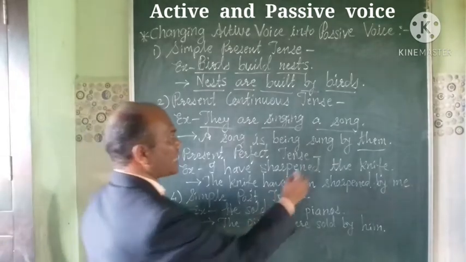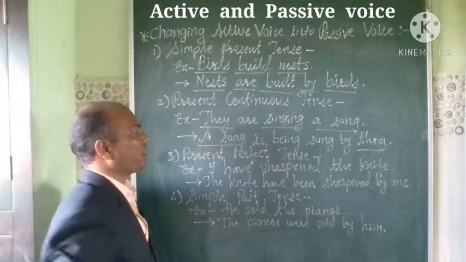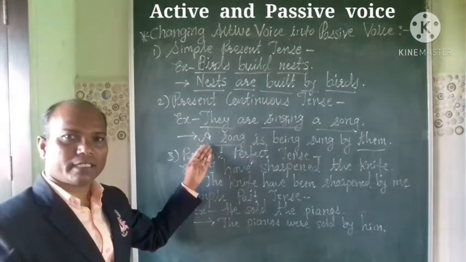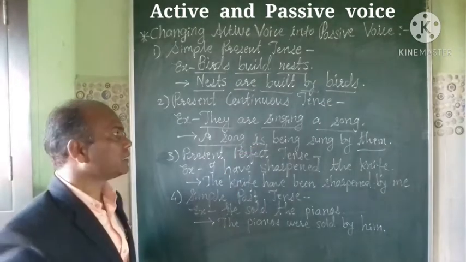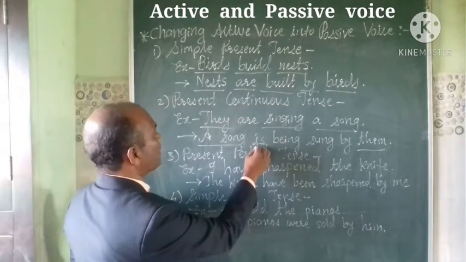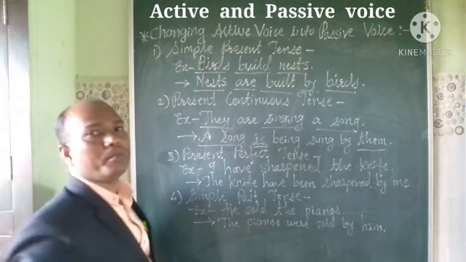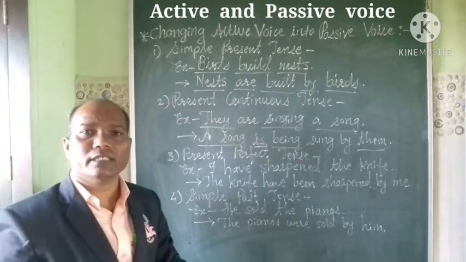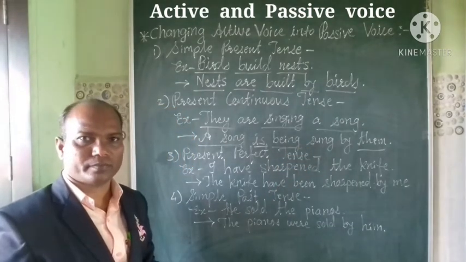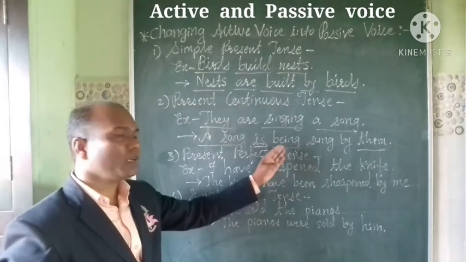And the object, a song, becomes the subject here. After using this subject, we have to use the proper helping verb. The suitable helping verb in the present continuous tense is being. Being is used to show the action is going on, the action which is continuous.